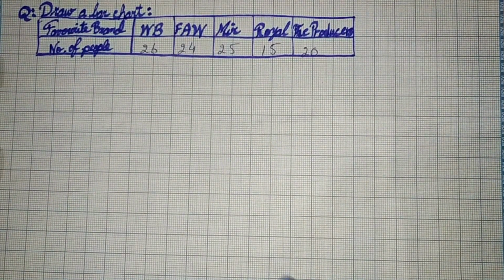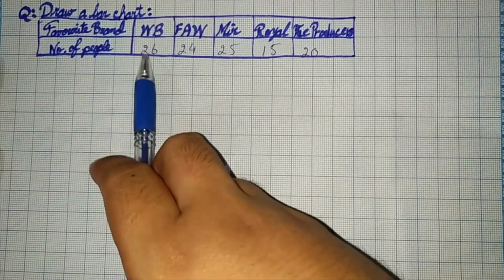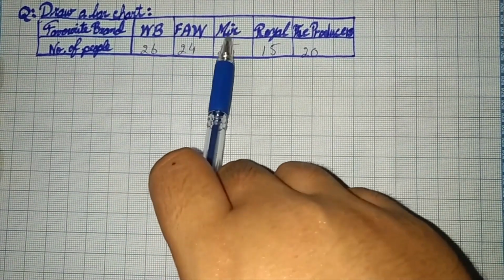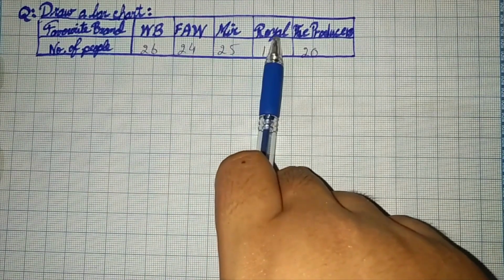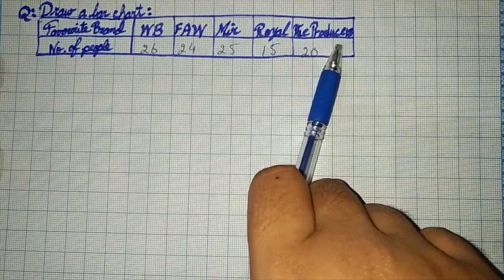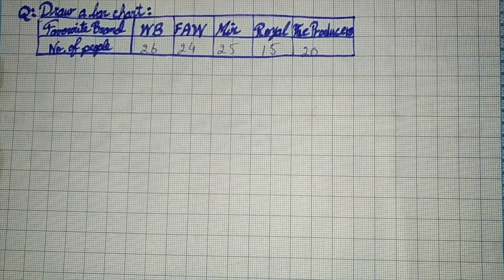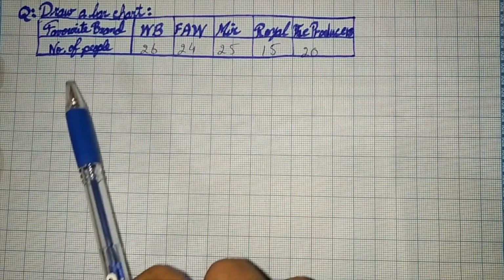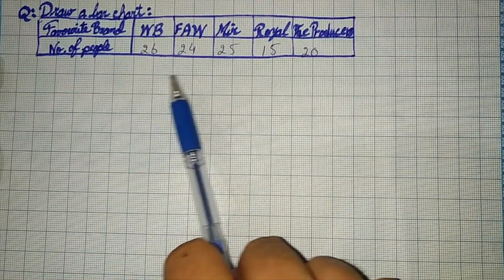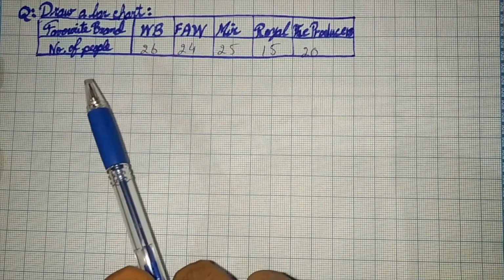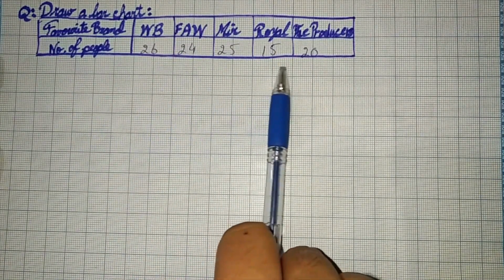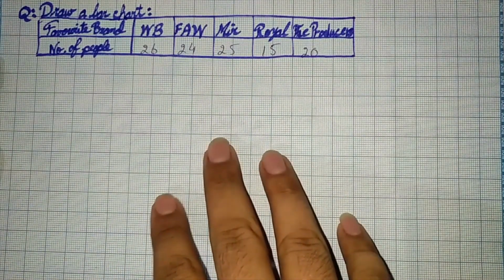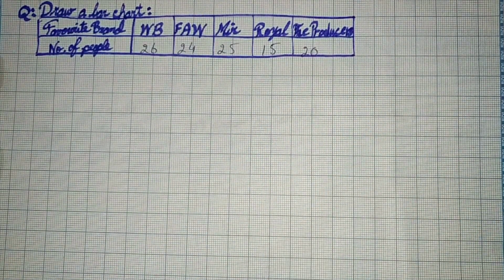Here we have 5 brands: WB, FAW, Mir, Royal, and the producers. And here we have the number of people, or the frequency, who liked those brands. So we have to draw a bar chart to display this data.